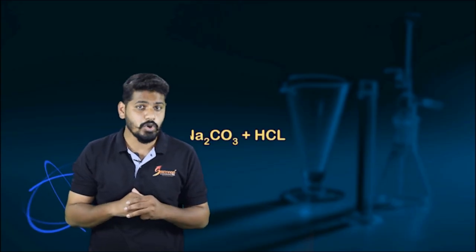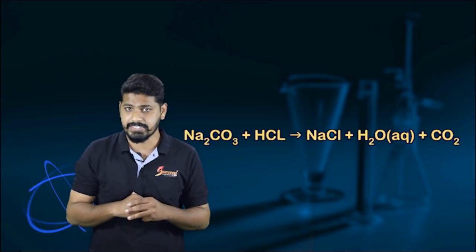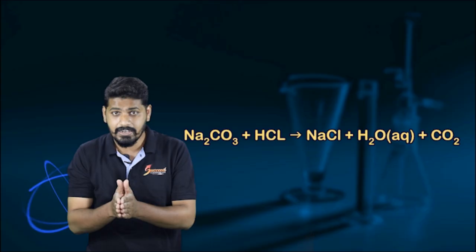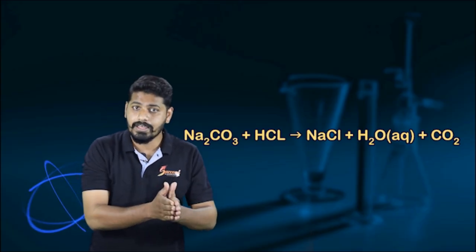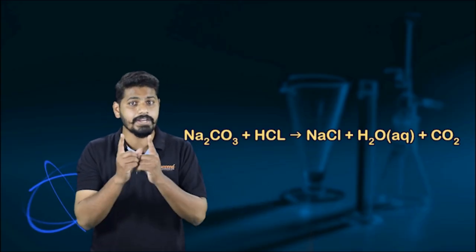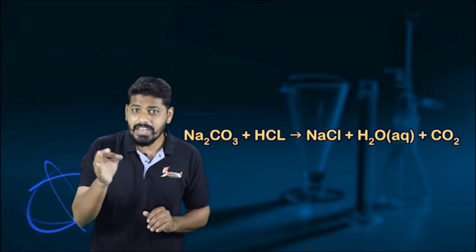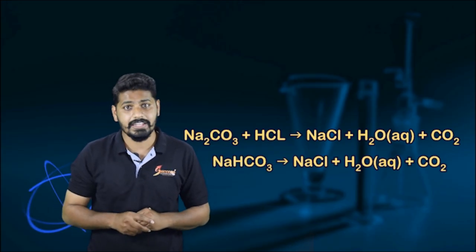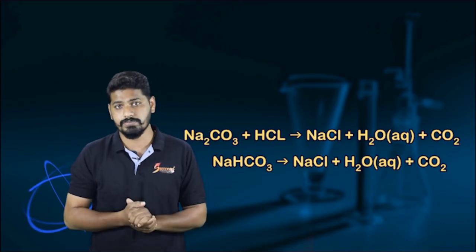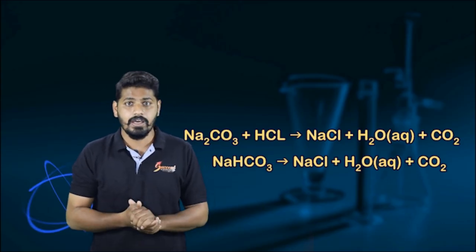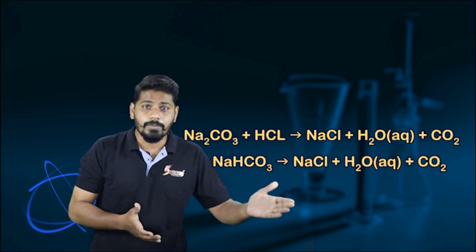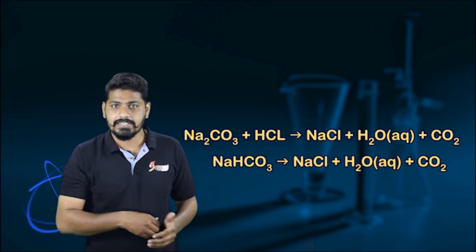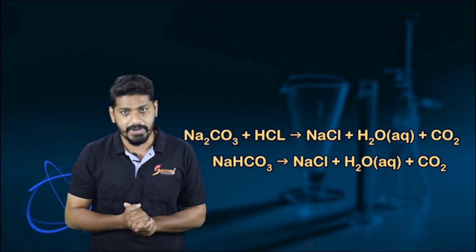Whenever sodium carbonate is reacted with HCl, it forms NaCl, water along with the liberation of carbon dioxide. In a similar way, when sodium hydrogen carbonate is reacted with an acid, that also forms NaCl, water and carbon dioxide. In both cases, the common product is carbon dioxide.